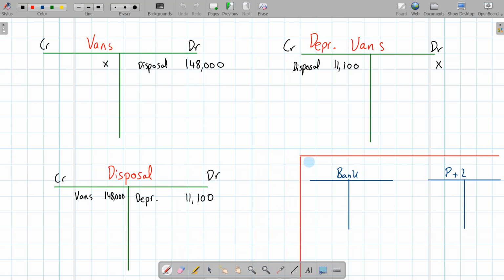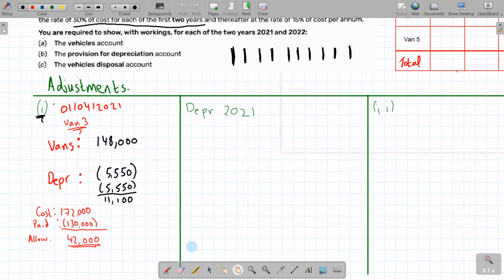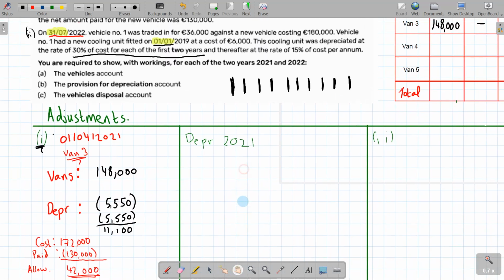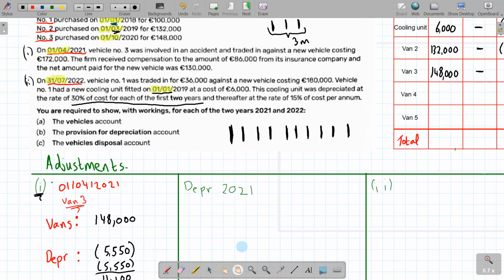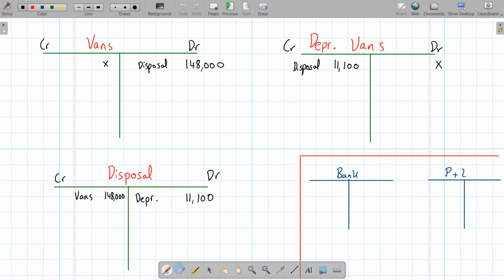And what's even better to think about is our compensation of 86,000. That's definitely going to hit our bank account. If we get paid money due to compensation, it's going to increase our bank account.